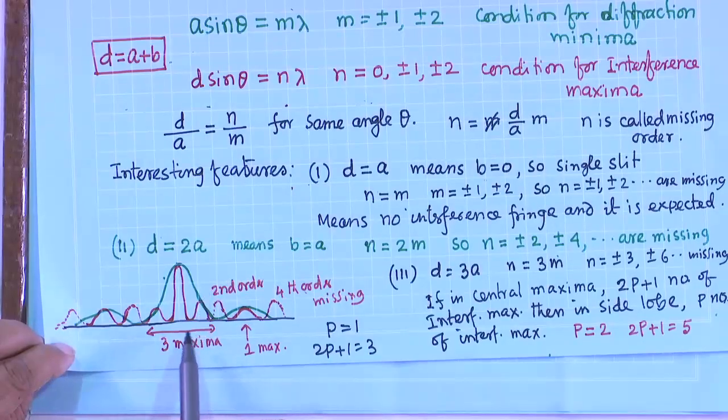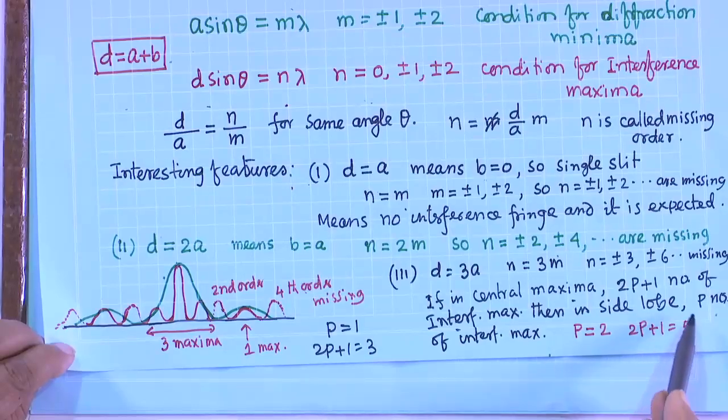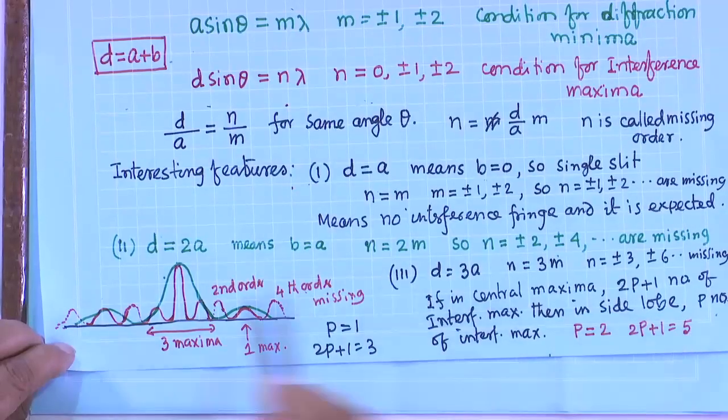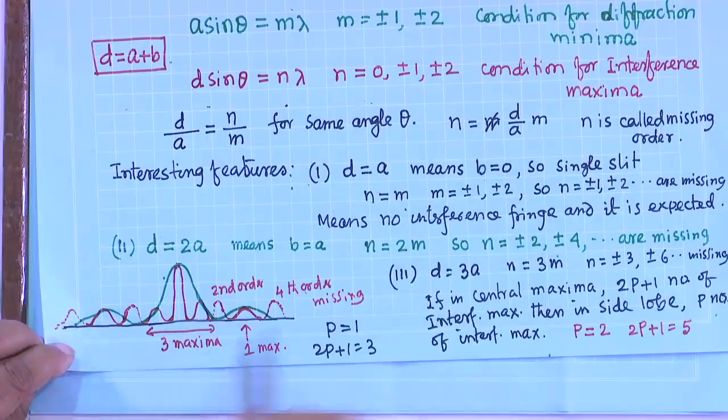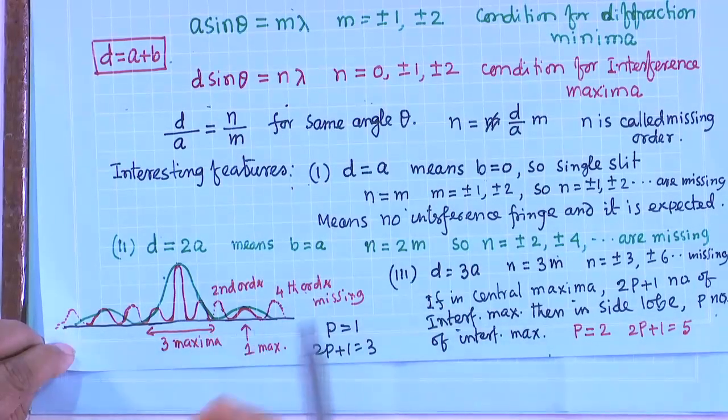Okay. So, basically, whatever number we get in the central one, plus 1 divided by 2, that will be the missing order.